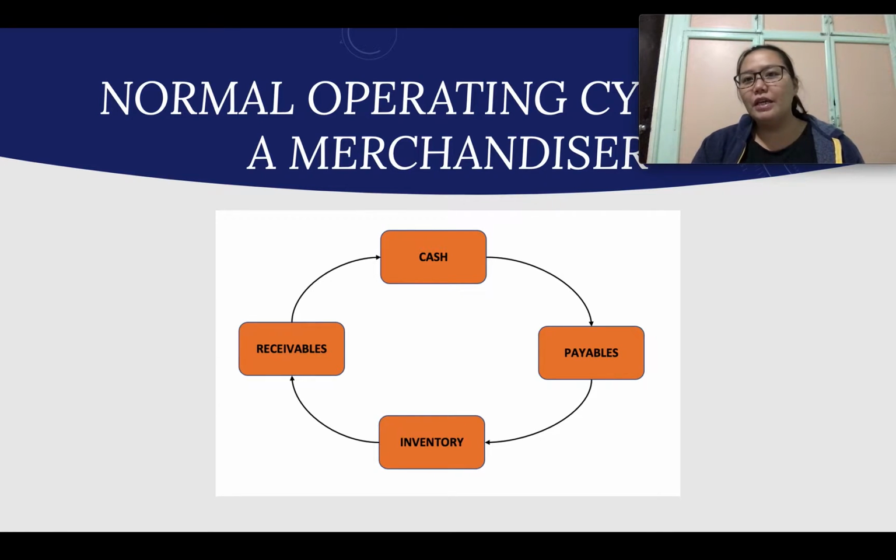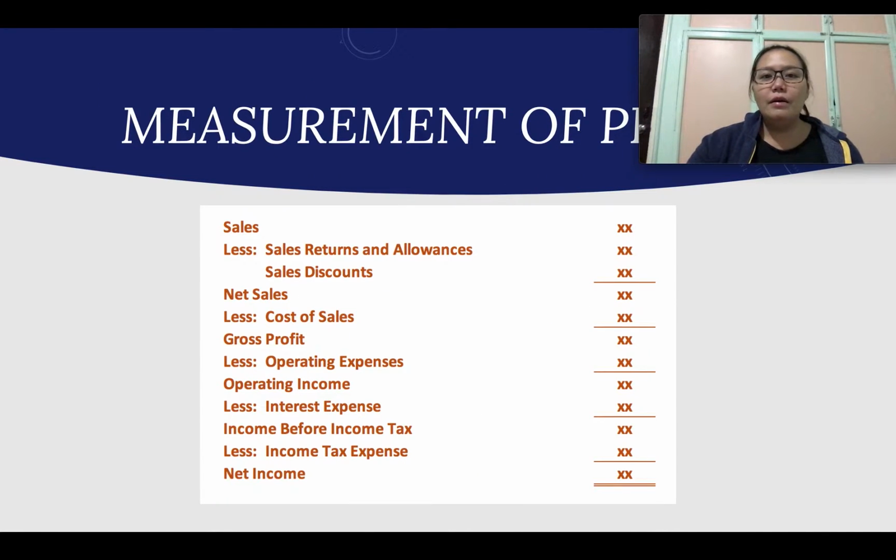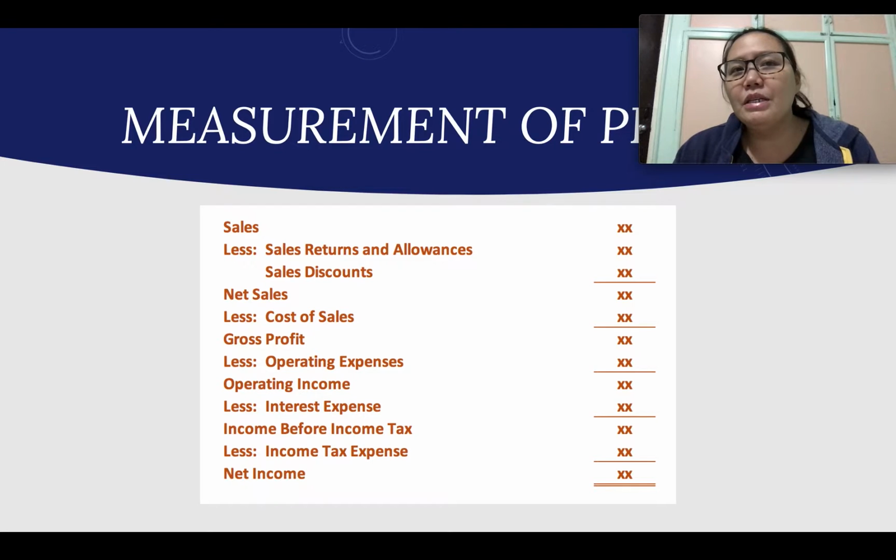But for a merchandiser, most of the time we sell the goods on account, and we also purchase goods on account as well. So whatever you have learned in accounting for a service concern is also applicable in accounting for a merchandising business.